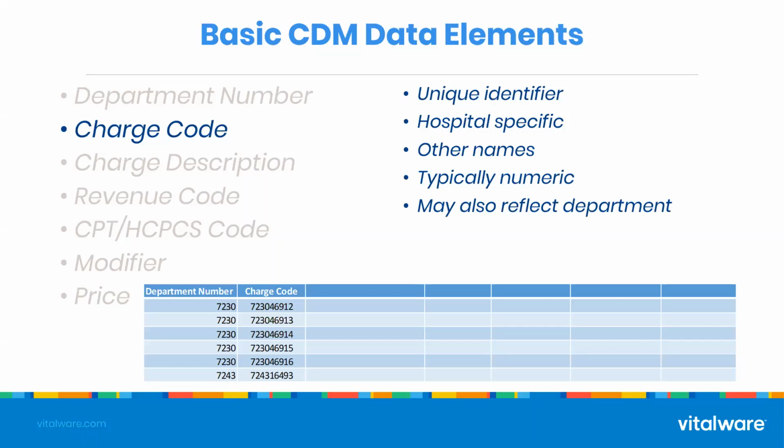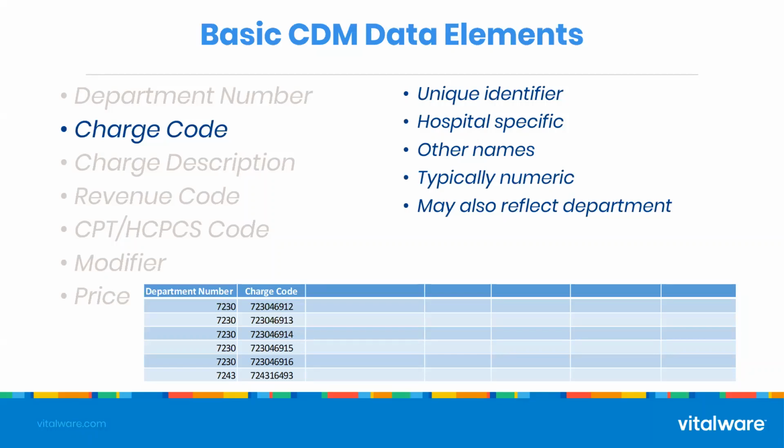And then these also may reflect the department. So as you can see here on this little snapshot at the bottom of the slide, the first 4 digits of the charge code are the same as the first 4 digits of the department number. That's something that many of the hospital systems generate. So they build the charge code specific to the department number, but in other systems, this might not be the case.